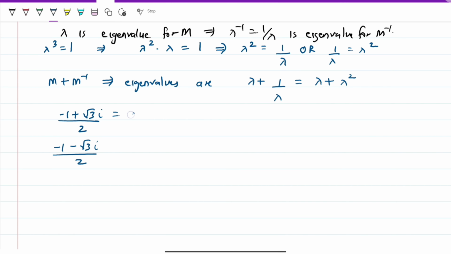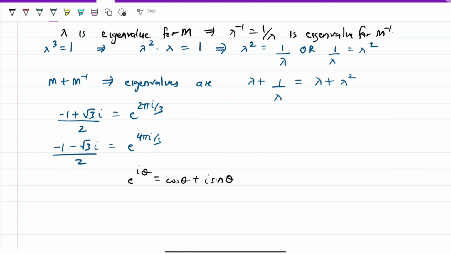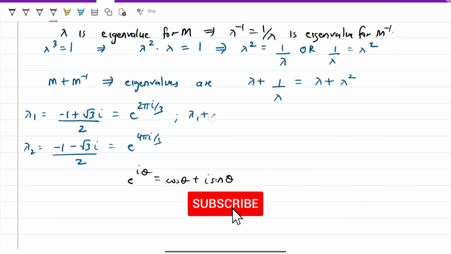This expression is nothing but e raised to 2 pi i over 3, and this is e raised to 4 pi i over 3, which follows from Euler's formula. It states that e raised to i theta is equal to cos theta plus i sin theta, and you can verify the above two equations. Now if this is lambda 1 and this is lambda 2, then we have to check what lambda 1 plus lambda 1 square is.